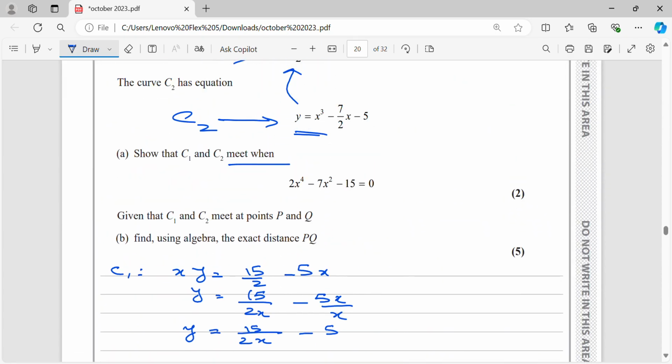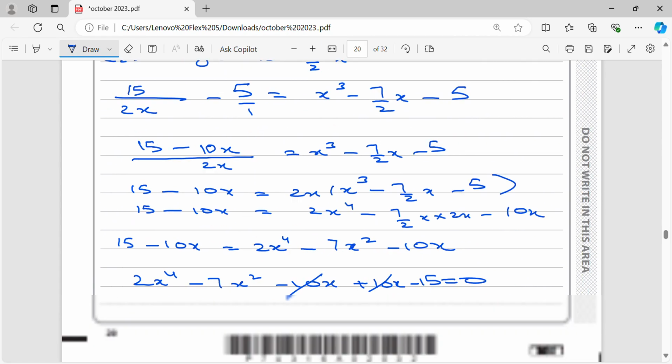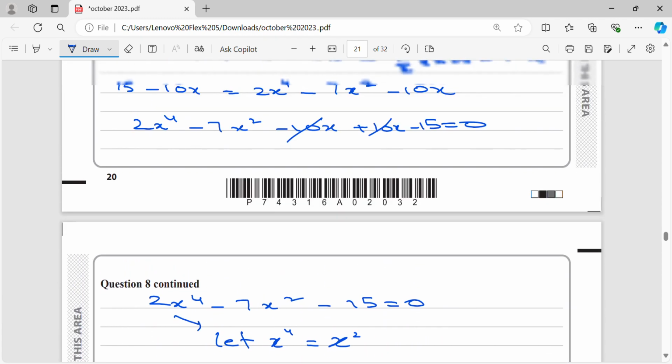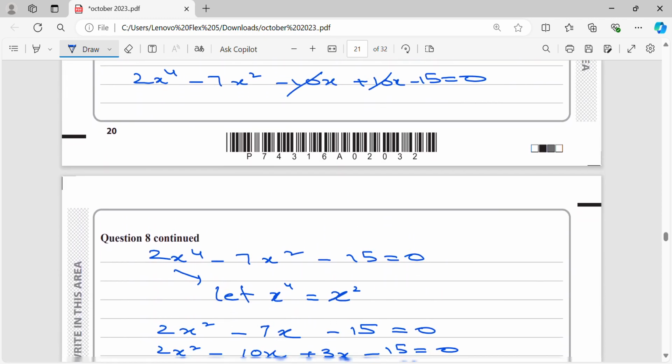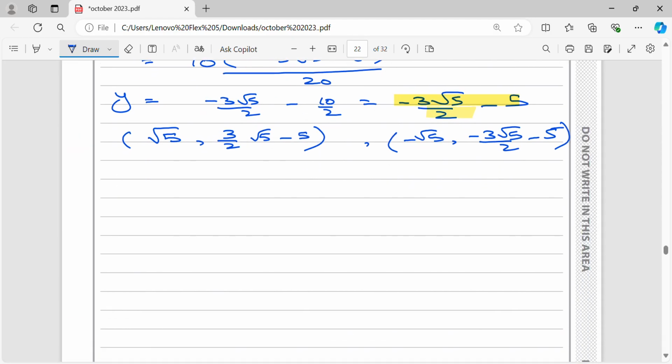So the question says that find using algebra the exact distance PQ. So the exact distance PQ is, because these are the two coordinates I got here, let's say this is P, let's say this is Q. I have to find the exact distance.